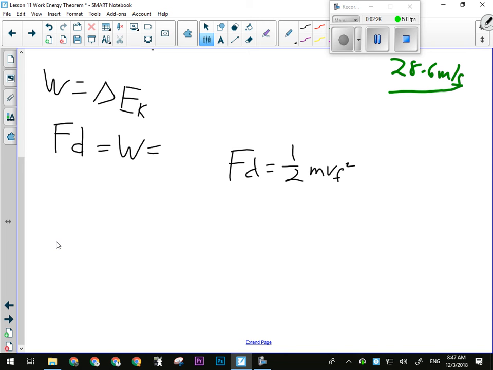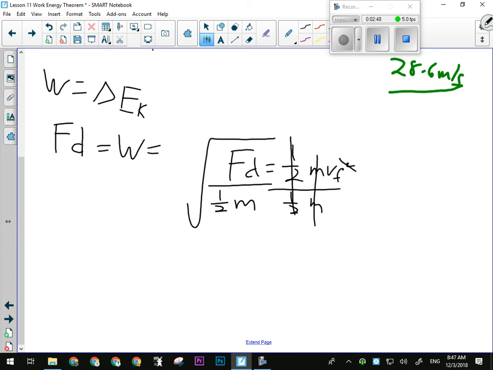So how do I get VF by itself? What do I divide by? Half of m. I've got to bring the 1/2 and the m over to this side. That gets me VF squared. I just want VF, so what do I need to do to both sides? Square root. So the square root of this will equal VF.